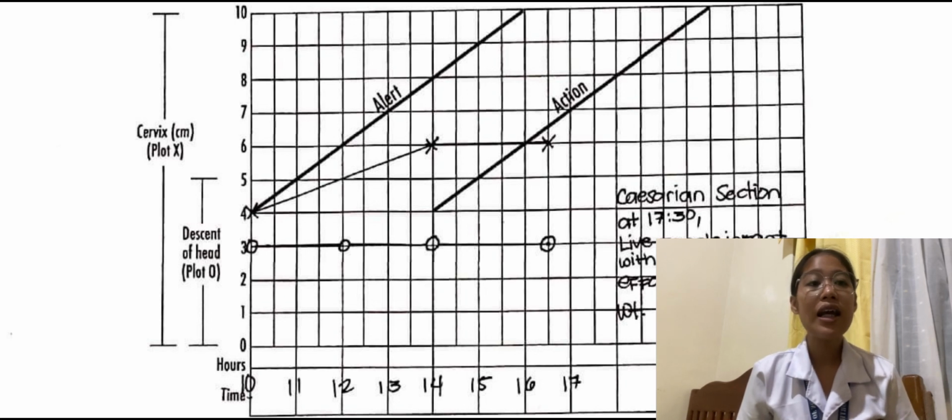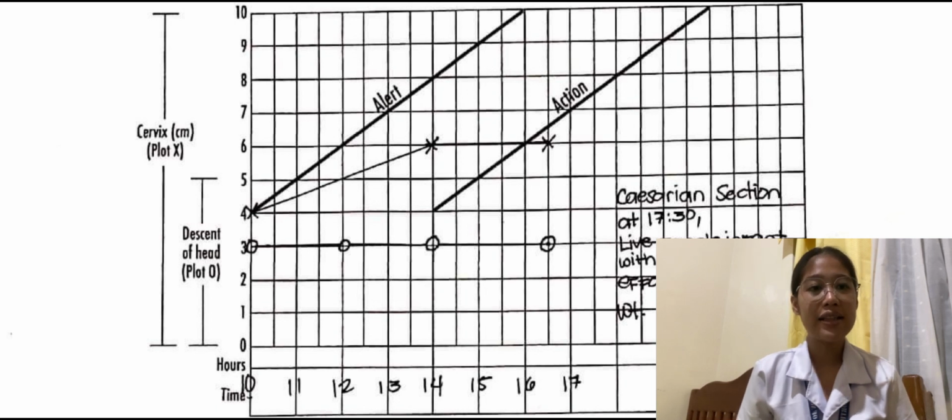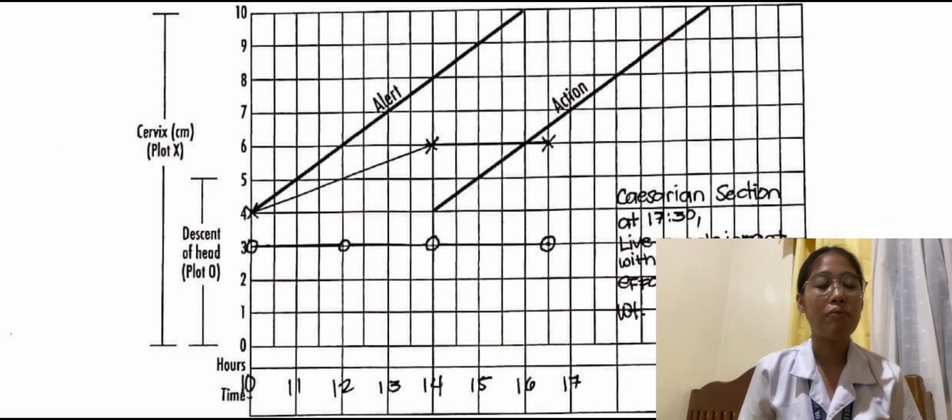Because initially, the cervix was 4 centimeter dilated, but at 14 military time, the cervix was 6 centimeter dilated, but then after at 16:30 military time, there is no progress of labor.